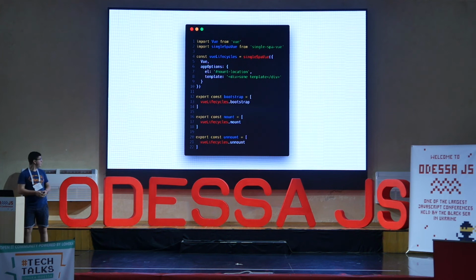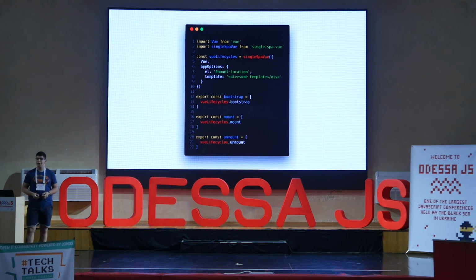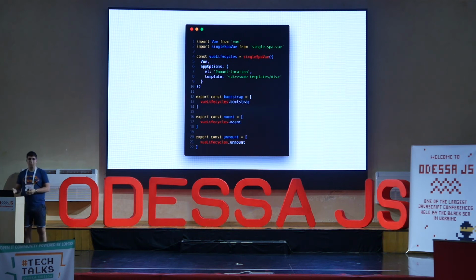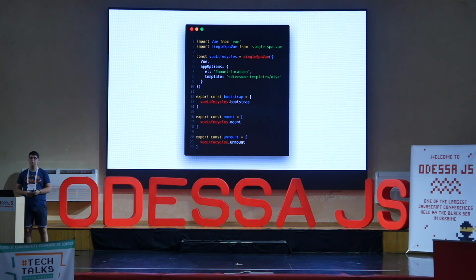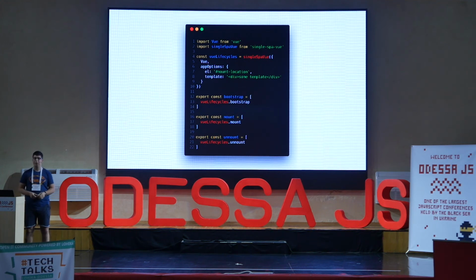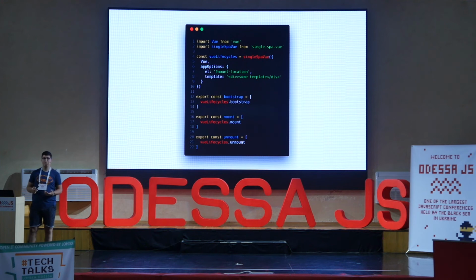You will have bootstrap, mount, and unmount. And also the guys who created single SPA created, I think, 20 or more different modules for different frameworks and libraries that you can use. And if you have some new framework that you want to render, and there is no helper module for rendering it, you can just write your own.